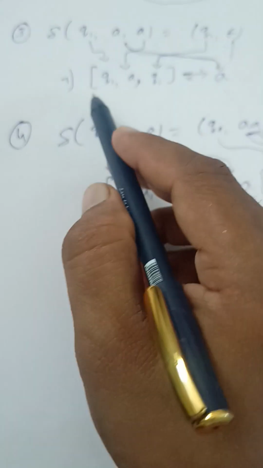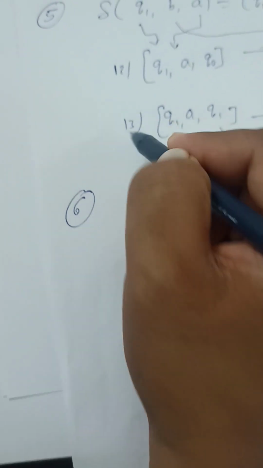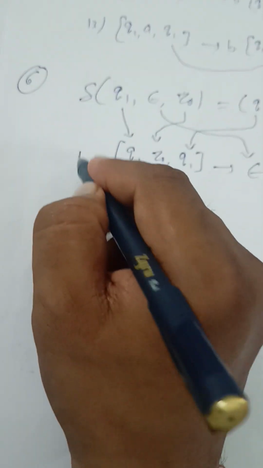Okay, total how many productions are there? So 6, 7, 8, 9, 10, 11, 12, 13, 14.